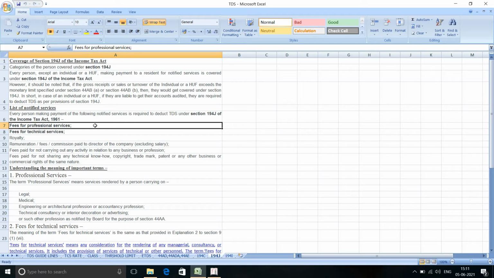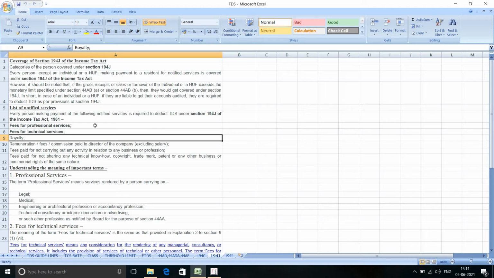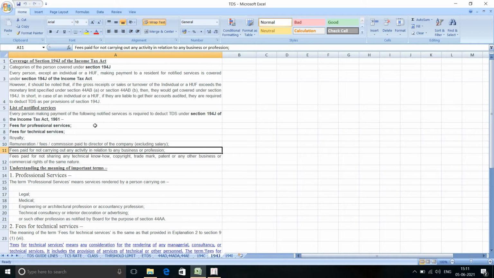Notified services are fees for professional service, fees for technical service, royalty, remuneration, fees or commission paid to a director of the company excluding salary, fees paid for not carrying out any activity relating to business or profession, and fees paid for not sharing any technical know-how, copyright, trademark, patent and any other business or commercial rights of a similar nature.